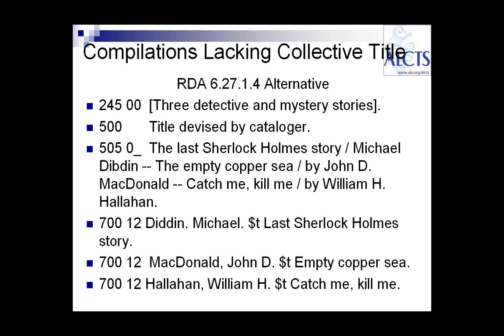And the alternative is for the cataloger to construct or devise a title, and of course you would have the note indicating that it was devised by the cataloger, and then you would have the contents note, and you would have the name title entries for this record. Okay.